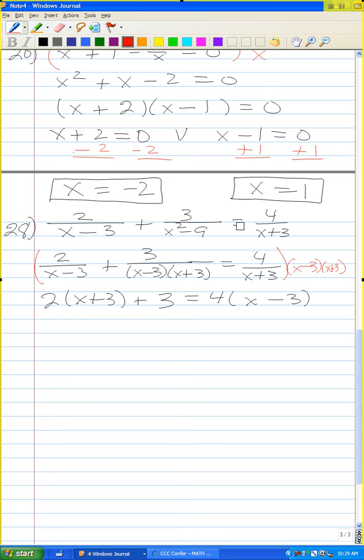Let me multiply the 2 in the parentheses, and the 4 in the parentheses. So I get 2x plus 6 plus 3 equals 4x minus 12. Combine like terms. 6 plus 3 is 9.